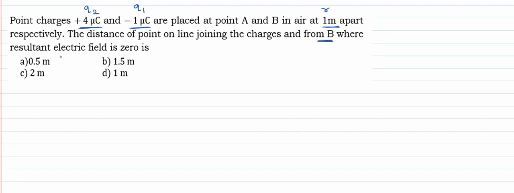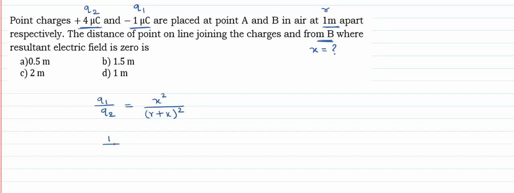You are required to find where the electric field is 0, which means again finding the value of x. One is positive and another is negative, so our formula will be Q1 by Q2 is equal to x square by (R plus x) whole square. Now substitute Q1 by Q2: 1 by 4. As I told before, don't take the negative sign, as we considered it while deriving the formula. The micro gets cancelled.